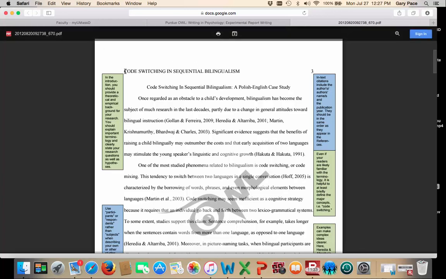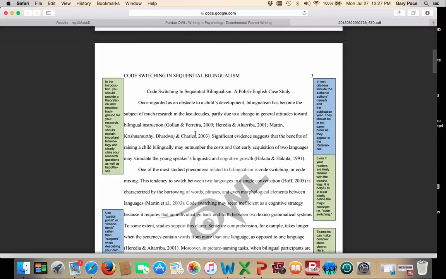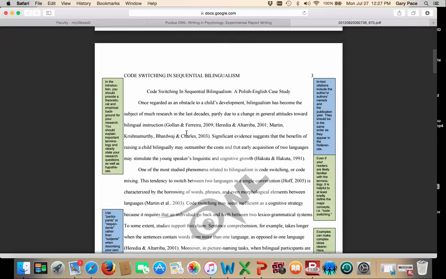And again, remember, every single page is going to have this running head, and you're going to have pagination up here. In the introduction, you should provide the theoretical and empirical background for your research. So you explain the important terminology that you're using and why you're doing the study.